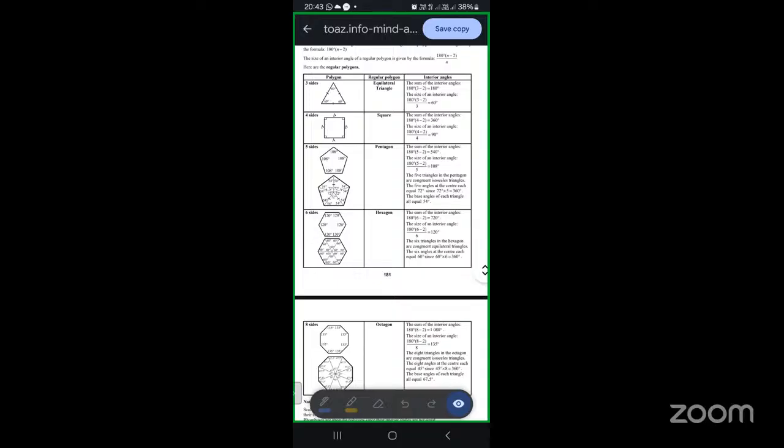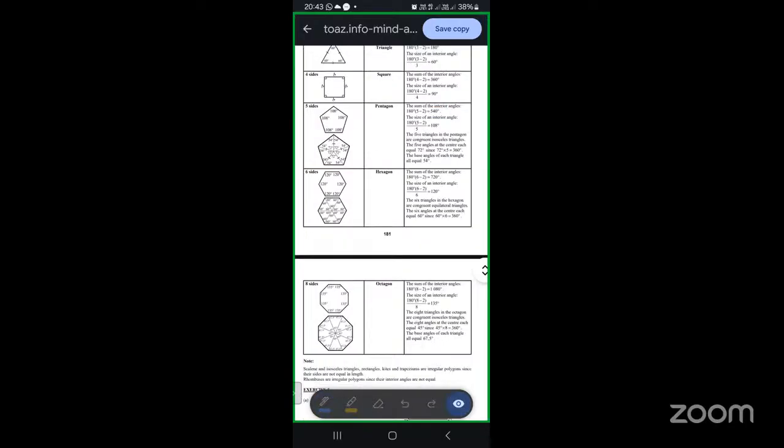So they said that the polygon has four sides. We are going to need this part. Now we know that the sum of all interior angles of that polygon, because it has four sides, is going to give us 360 degrees.